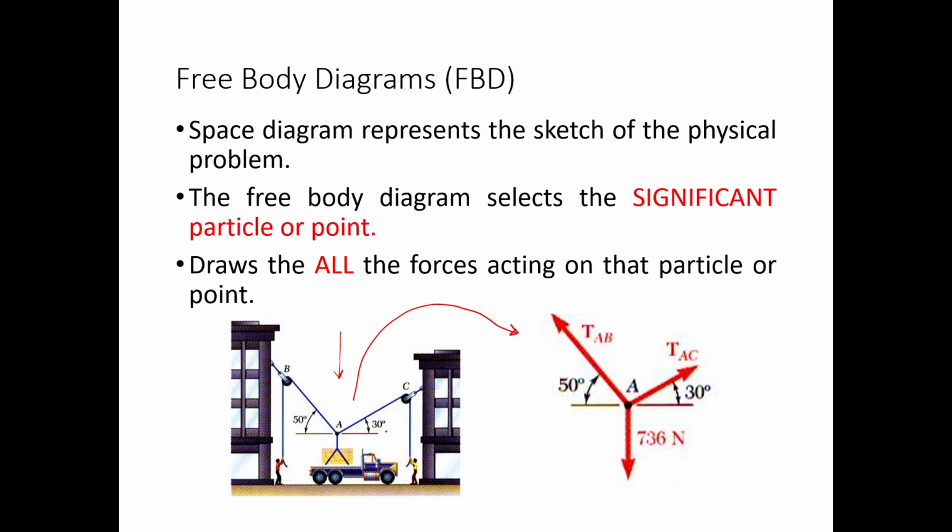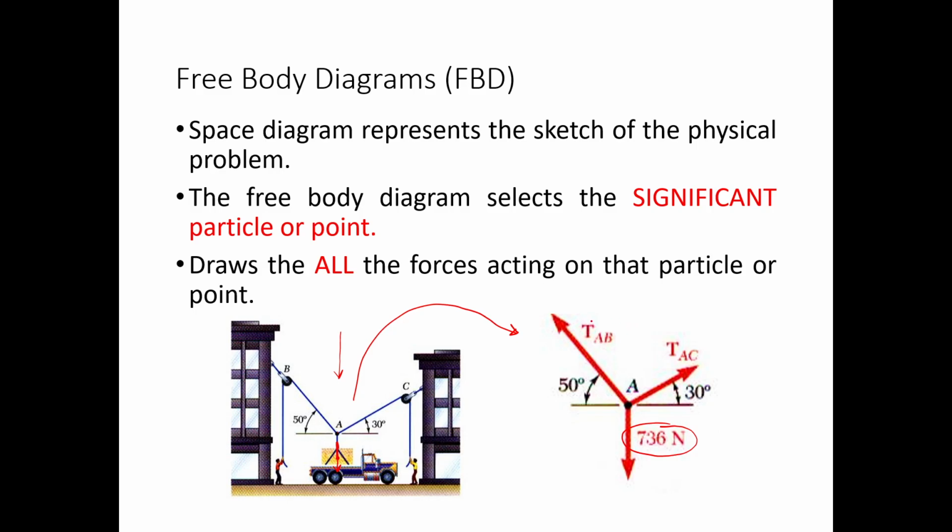Notice that your force, I mean your weight here, is going downward. Of course, this can be applied in the tension wire as well. That's why you have a downward force in point A.